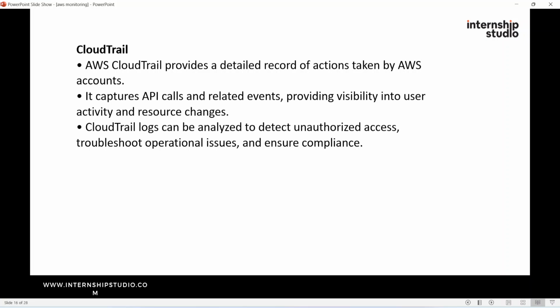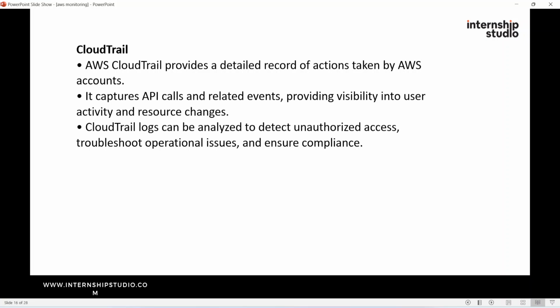So we'll see in detail how this works. Again, it's kind of a logbook for the AWS account. It records every action and interaction, acting as a detailed history of who did what in your AWS environment. Think of it as a security camera that captures all moments, helping you track changes, troubleshoot issues, and ensure compliance.